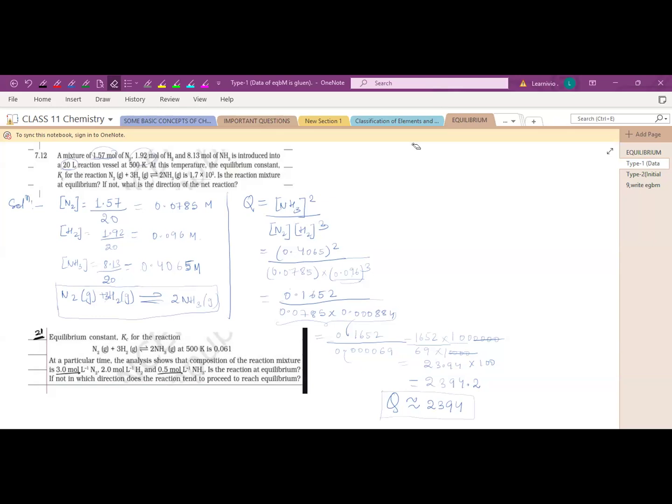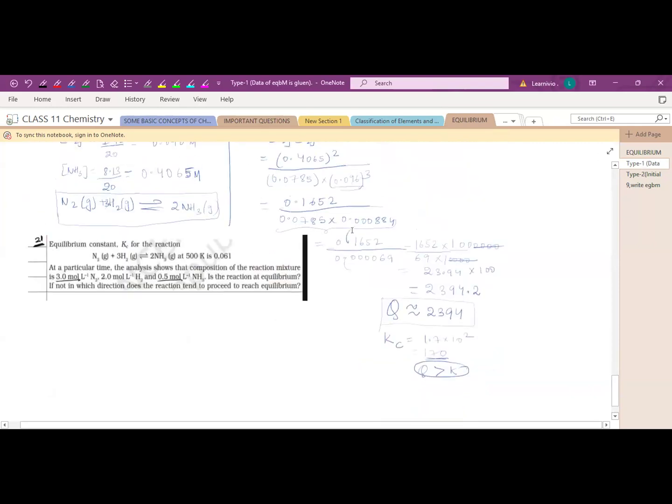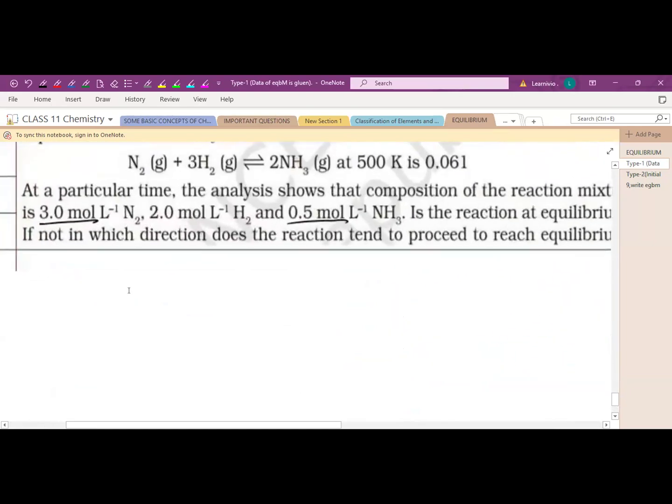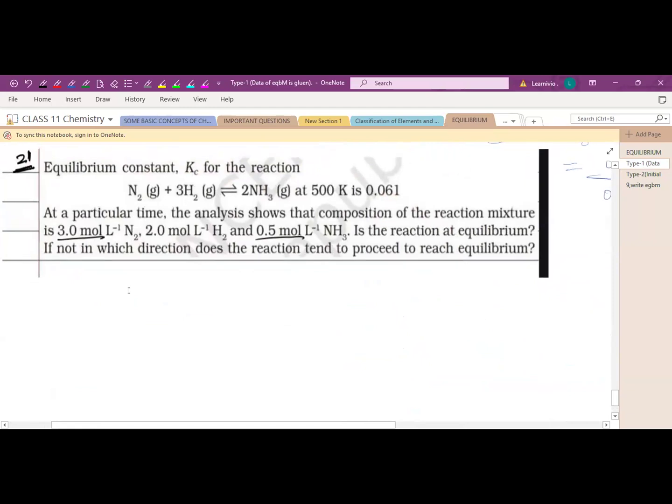Done, ma'am. Okay, see, the next question is very much similar. Just try it first. The equilibrium constant value is given for this reaction, and you have to check whether the reaction is in equilibrium or not.